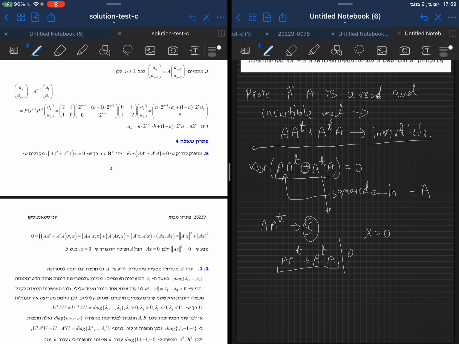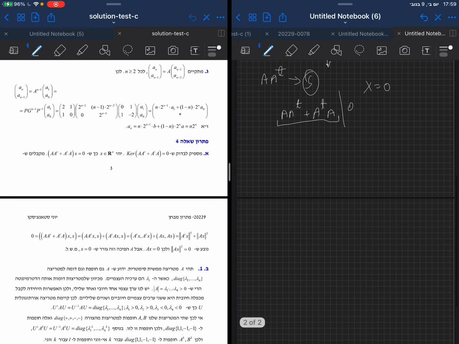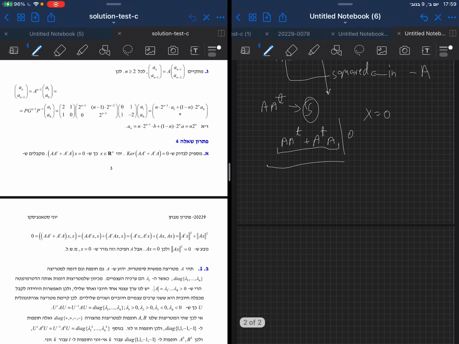A squared matrix for which the homogeneous system has only the trivial solution is by definition an invertible matrix.